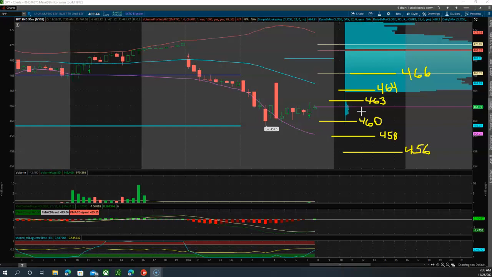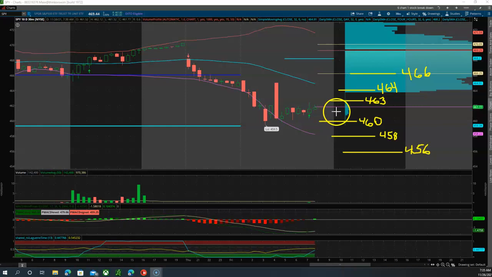Especially with this being an expiration. So a lot of the damage has probably already been done. So at some point, I do expect to see a rally today.